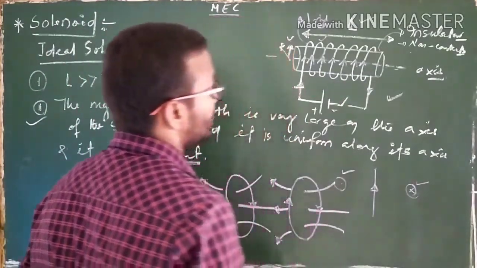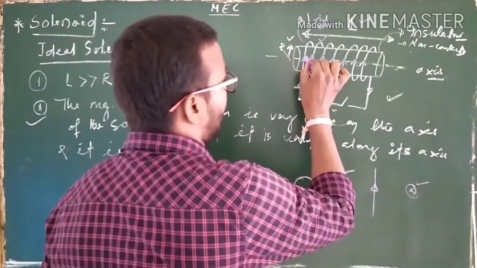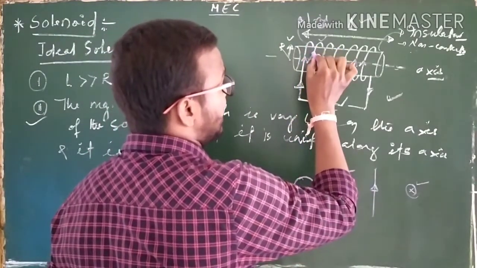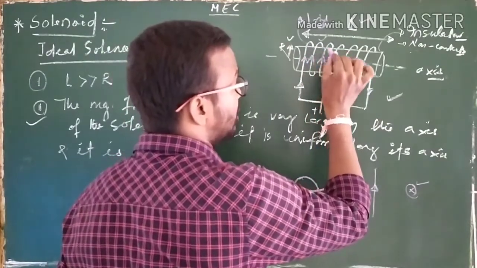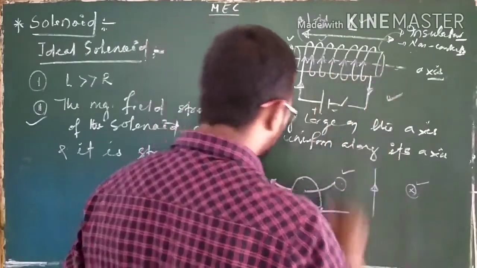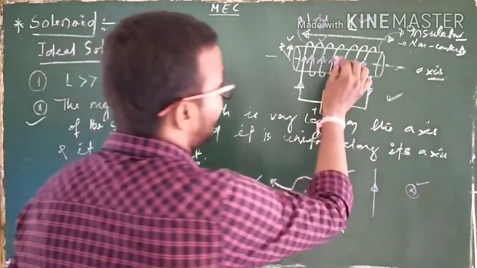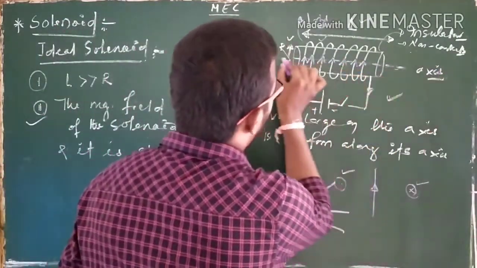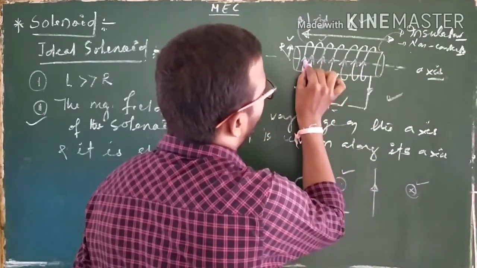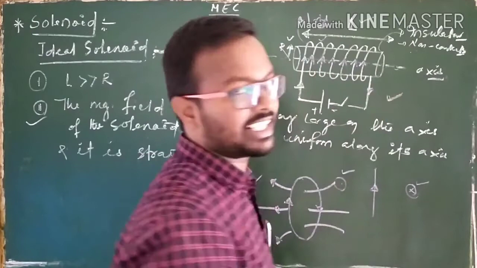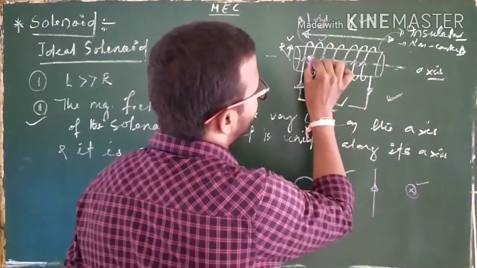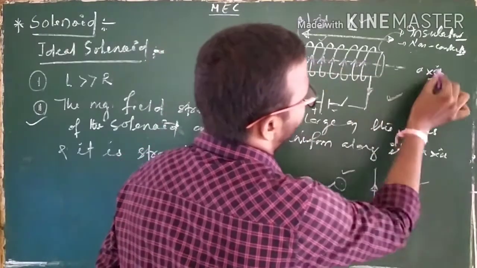So the magnetic lines of the first turn and the magnetic lines of the second turn, third turn, fourth, and so on. There are n number of turns. So for n number of turns, the magnetic field inside, this is the axis of the solenoid, because these rings are concentric circles, or concentric rings, meaning the center of each ring lies along the axis of the solenoid.